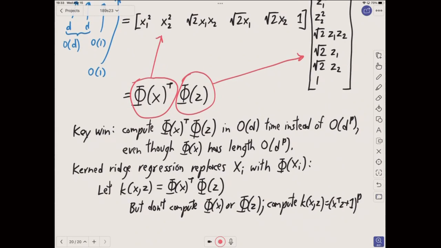So I think what we've done here is actually pretty mind-blowing. We can now do polynomial regression with an exponentially long high-order polynomial in much less time than it would take just to write out the final polynomial that we have found. The running time is actually sublinear in the size of the polynomial that we find.